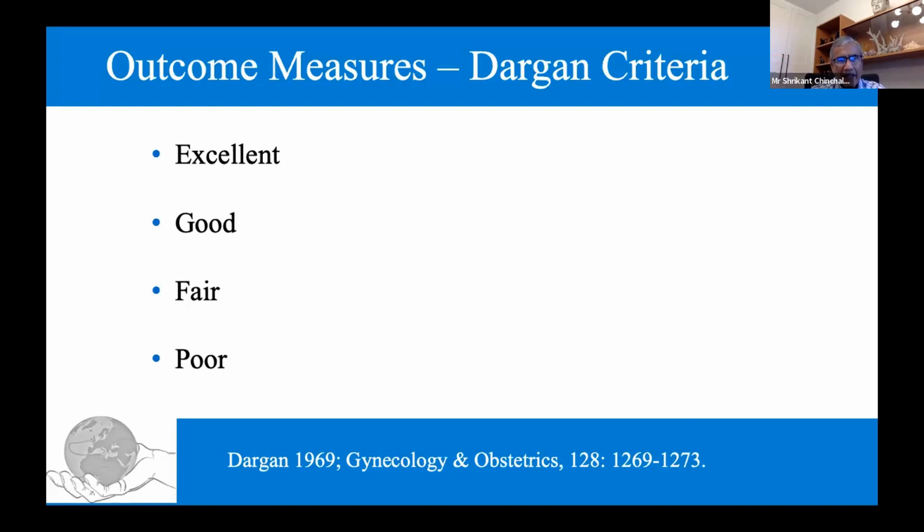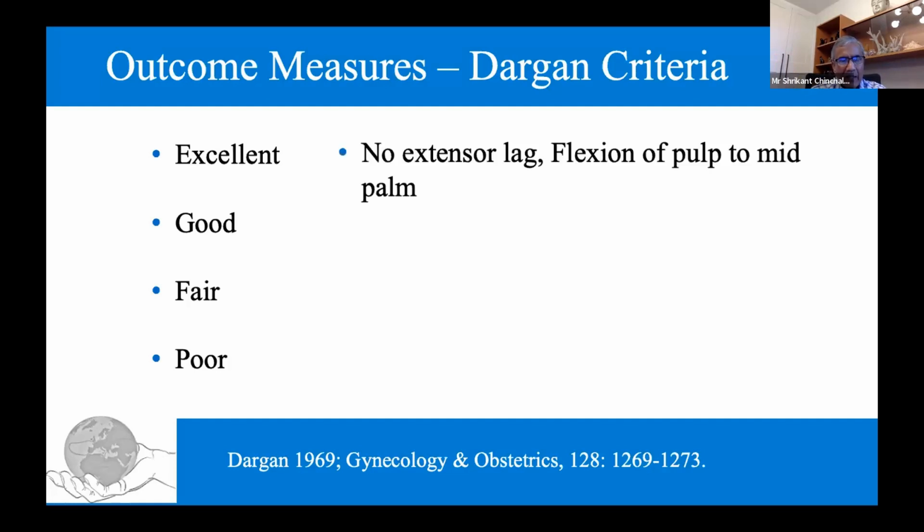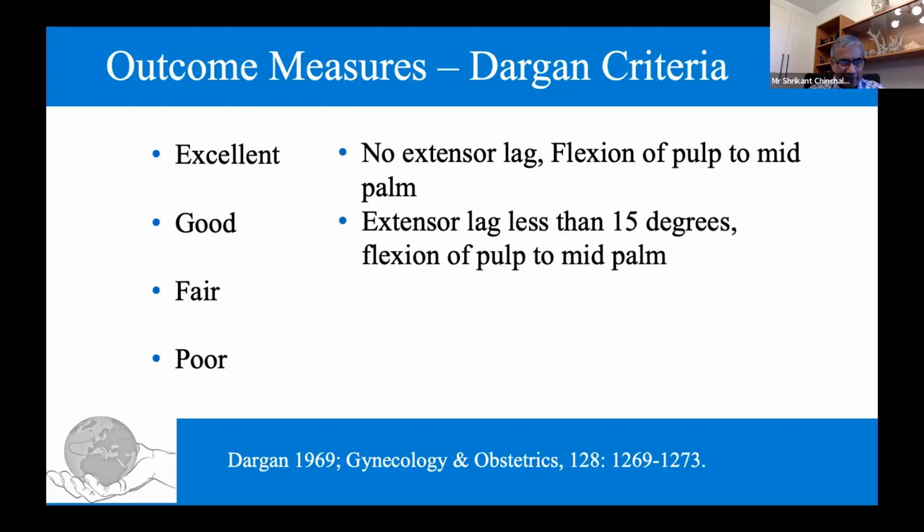So Dargan introduced an outcome measure criteria. He pointed out in his article that if patients have no extensor lag and have an ability to flex the fingers with the pulp to mid palm, they fall into an excellent category of recovery.